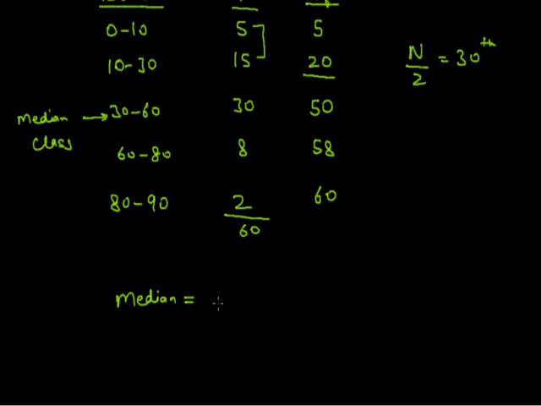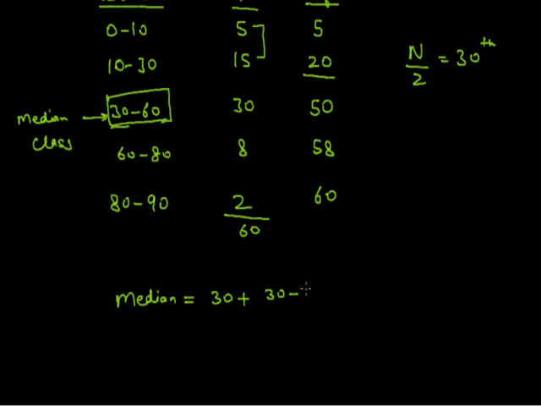L is the lower limit of the median class. The lower limit of the median class is 30 and 60 is the upper limit. So we take the lower limit, that is 30, plus n by 2, which as you have already seen is 30, minus the cumulative frequency of the class preceding the median class. The median class is 30 to 60, the class preceding it is 10 to 30, and the cumulative frequency of this class is 20.